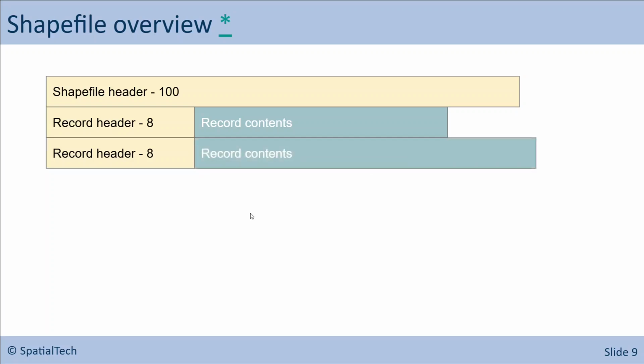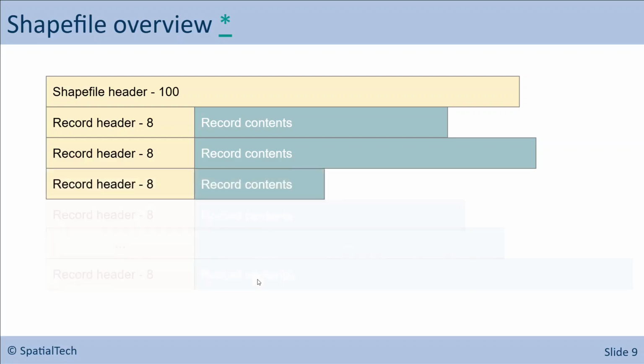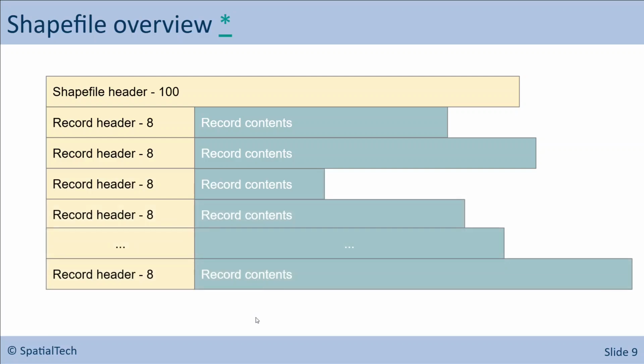Some are shorter, some are longer. But the header usually gives you enough information to figure out, well, how big is this thing? So that you know where the next record starts in that. So the idea is that it's not fixed width, that record content size is fluctuating.